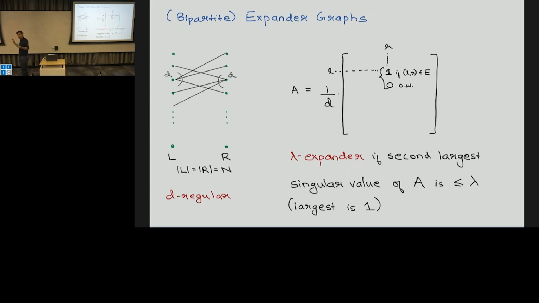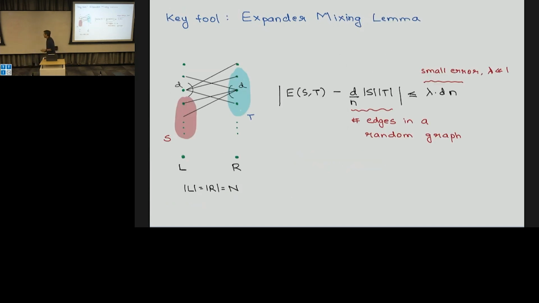Are you okay with singular values or the spectral definition? I'm not going to use much about it. The only fact I need about expanders, which is an exercise in a class where you can teach singular values, is this: if you want to count the number of edges between any set S on the left and T on the right, and if I threw in edges randomly, so every edge appeared with probability d over n, then the number of possible edges is the number of vertices in S times the number of vertices in T. So this is the expected number of edges when I'm throwing them in at random.